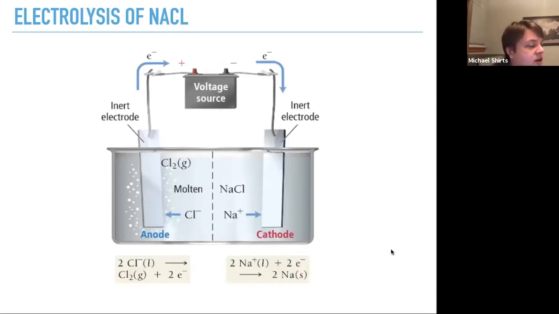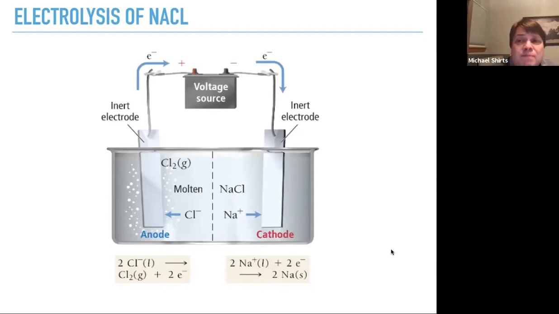Let's say you have a molten salt, molten sodium chloride. Well, there's really only one thing that could be oxidized, and that is Cl minus to Cl2. Na plus is not going to be oxidized any further. So the only thing that can be oxidized is chloride ion, and that will be oxidized to chlorine gas plus 2 electrons, and those electrons can go to the cathode, where the only thing to be reduced is Na plus, which will go to Na metal.